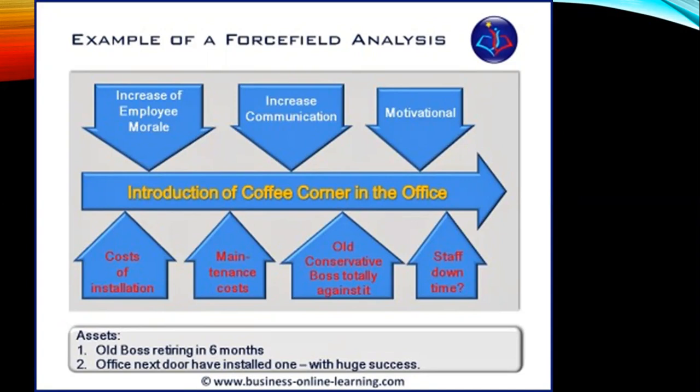So staff downtime means that now they'll be spending a lot of time in the coffee corner, more than usual because it's convenient, it's right over there, you can quickly go and get coffee, and now you're standing there for the next 15 minutes chatting to a colleague when you should be working. Okay, so I would say for this one that the cons outweigh the pros, so it's probably not a good idea to introduce a coffee corner in the office.